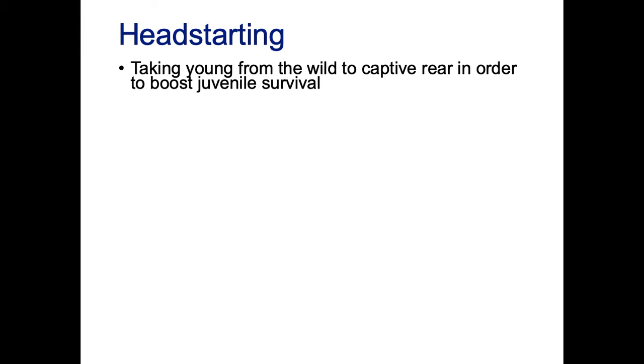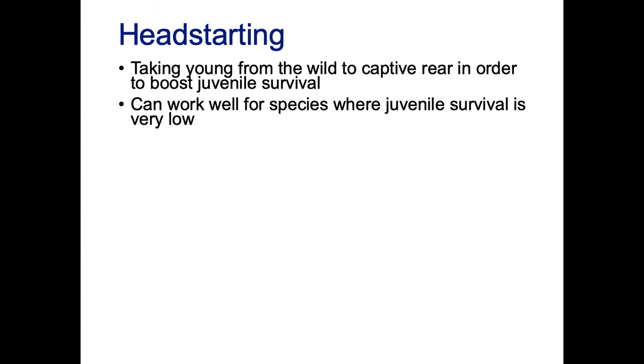The idea is that if the juveniles have a very low survival rate, we take them in to an aquarium or a zoo or something like that, give them plenty of food and protect them from predators for a while, and then we release them again. Then we could increase recruitment quickly to help the population recover more quickly. This can work well for species where juvenile survival is very low.